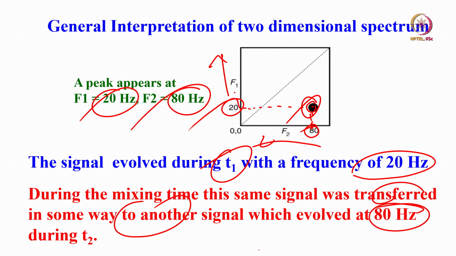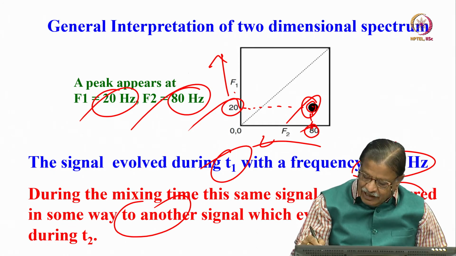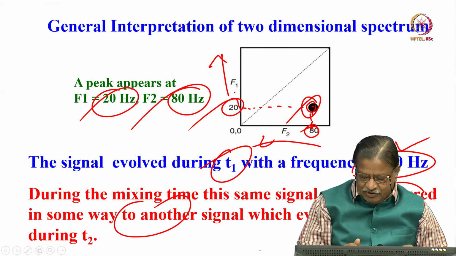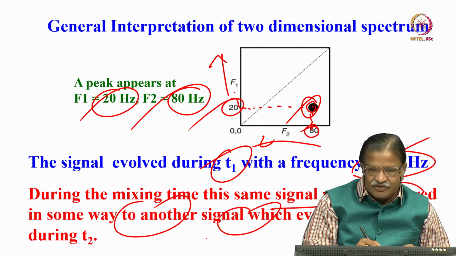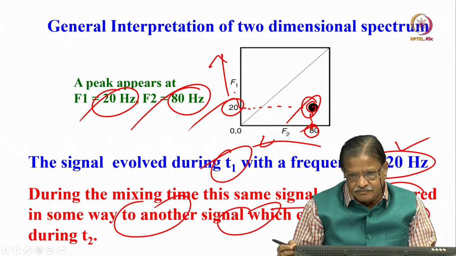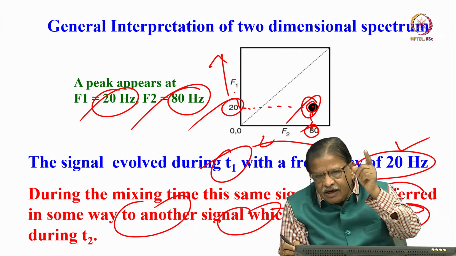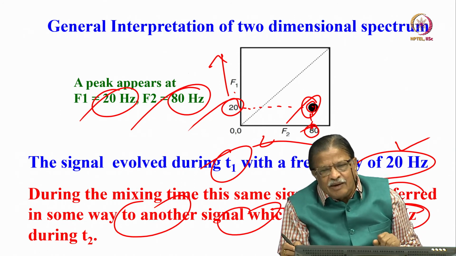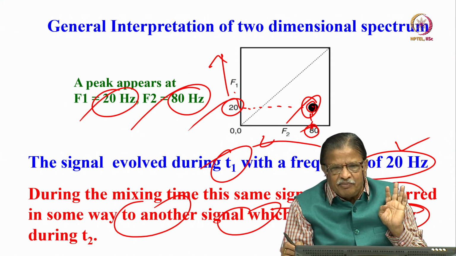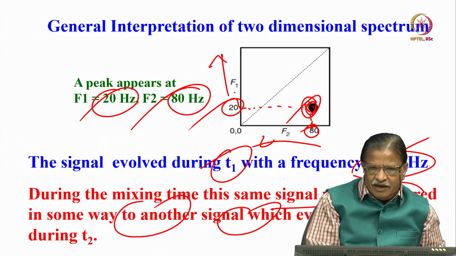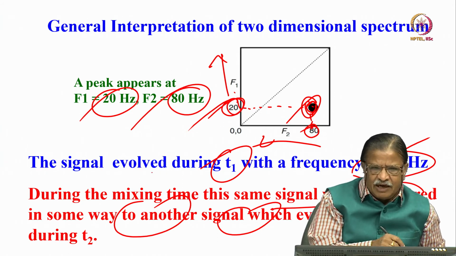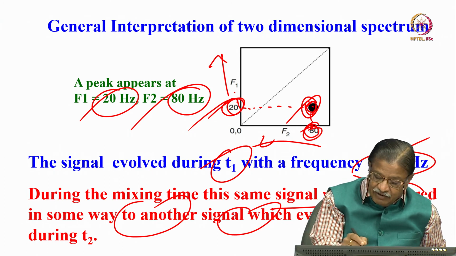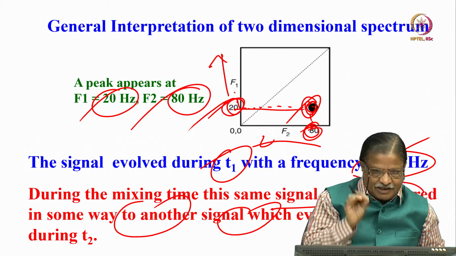The signal which evolved at 20 hertz in the T1 period, during the mixing time was transferred in some way to another signal which appeared at 80 hertz in T2. That is how you have to interpret. The peak at 20 hertz in F1 and 80 hertz in F2 means that during the T1 period it was evolving at 20 hertz.